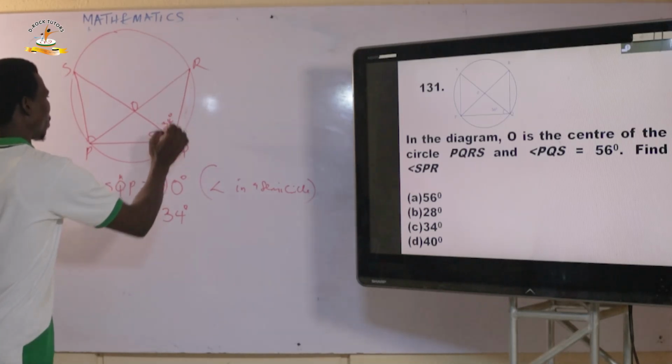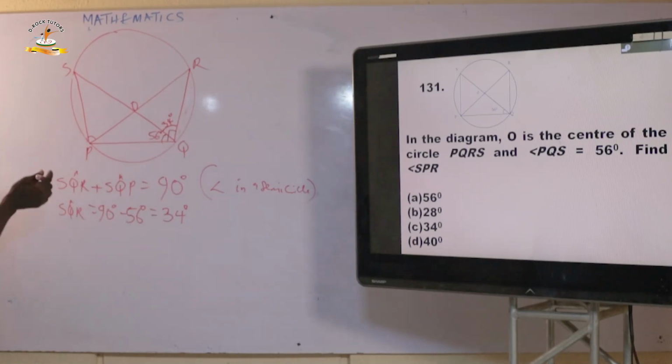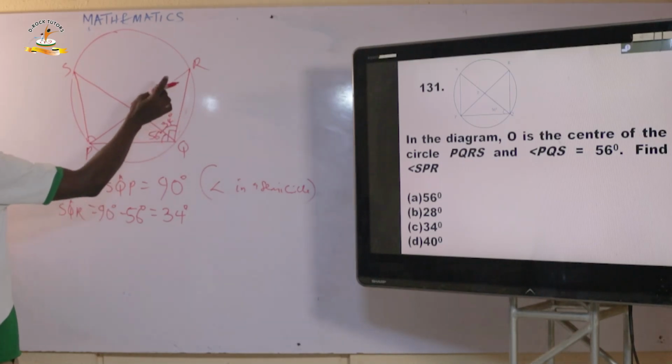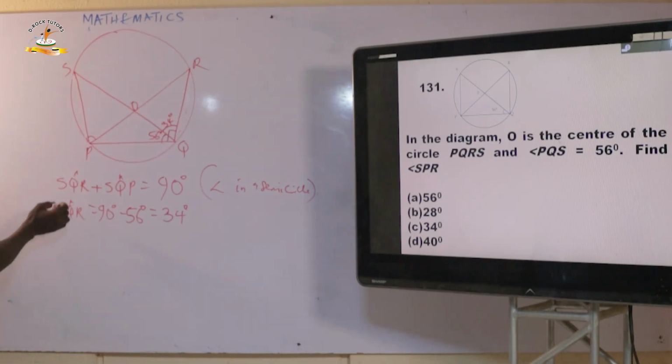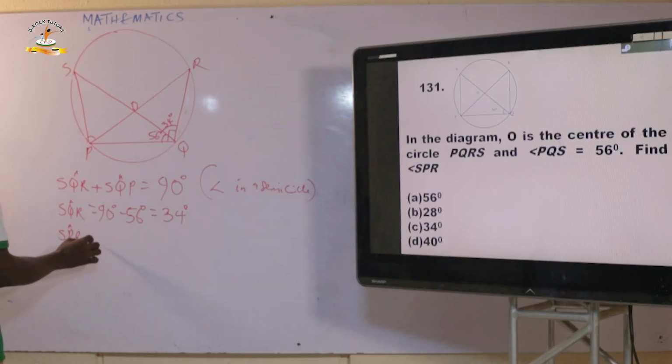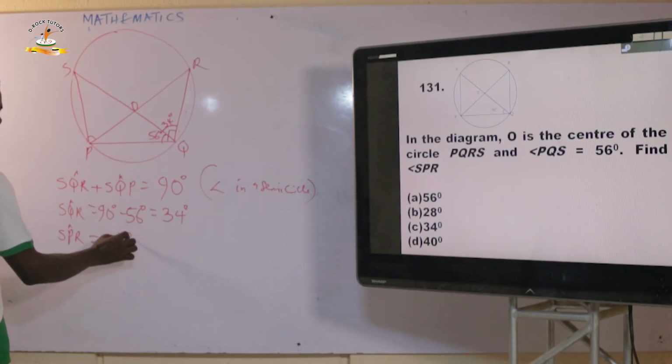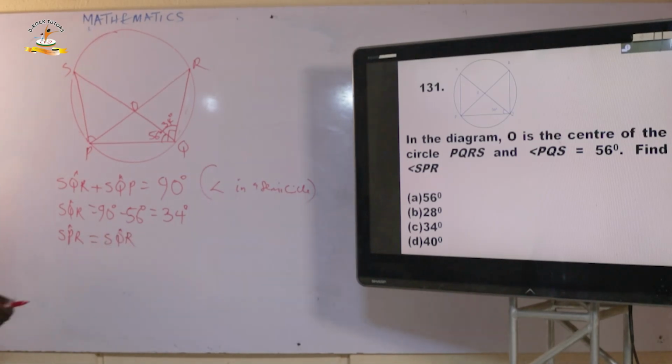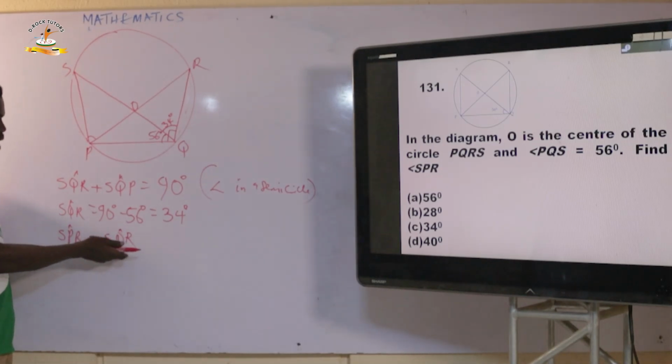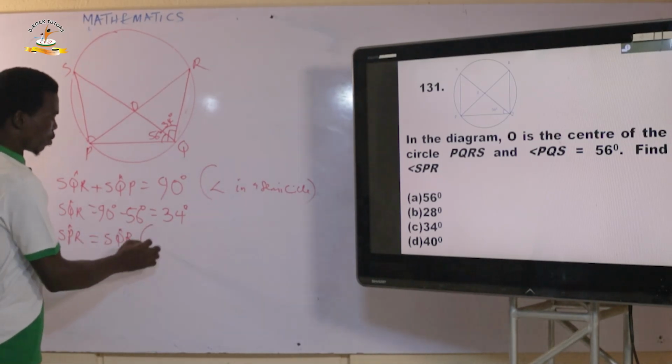And if that is it, don't forget this angle SPR is equal to what? Angle RQS or SQR. Why? SPR is angle SQR. Why? Because of what?